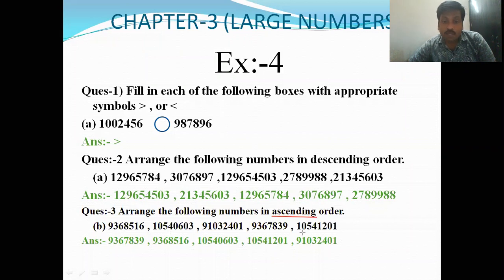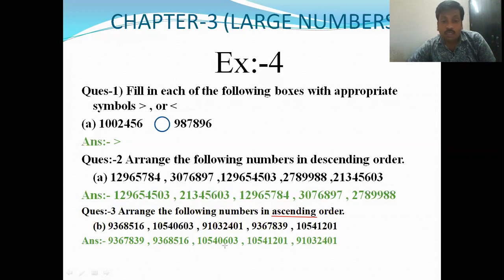And now here is question number 3b. Here are the numbers given. There are 5 numbers given. Now when we compare these numbers, we find that 93,67,839 is the smallest number. After that, we see 93,68,516. And then 1 lakh, 1 crore, 5 lakh, 40,603.